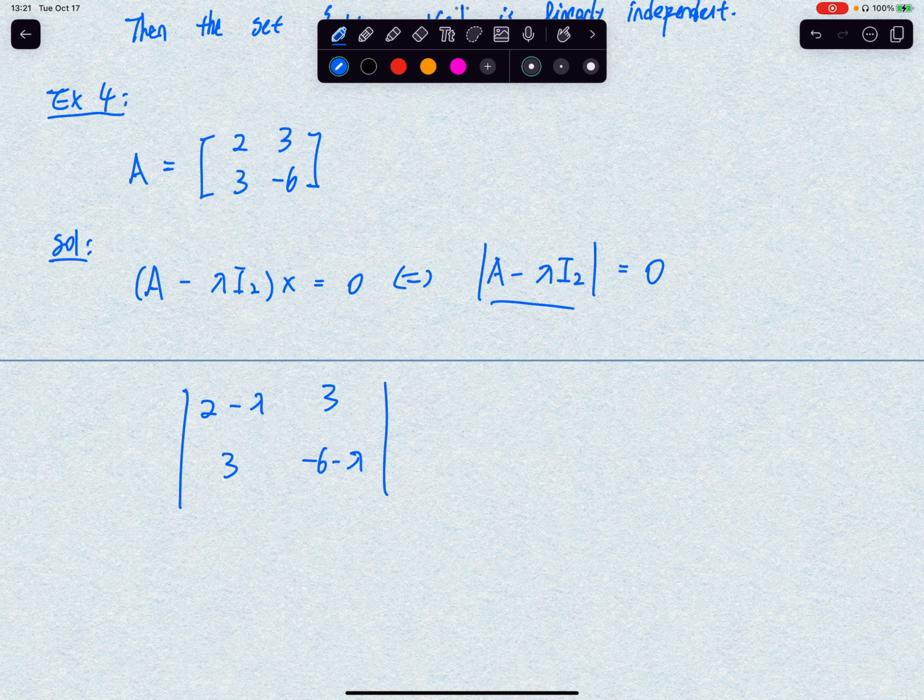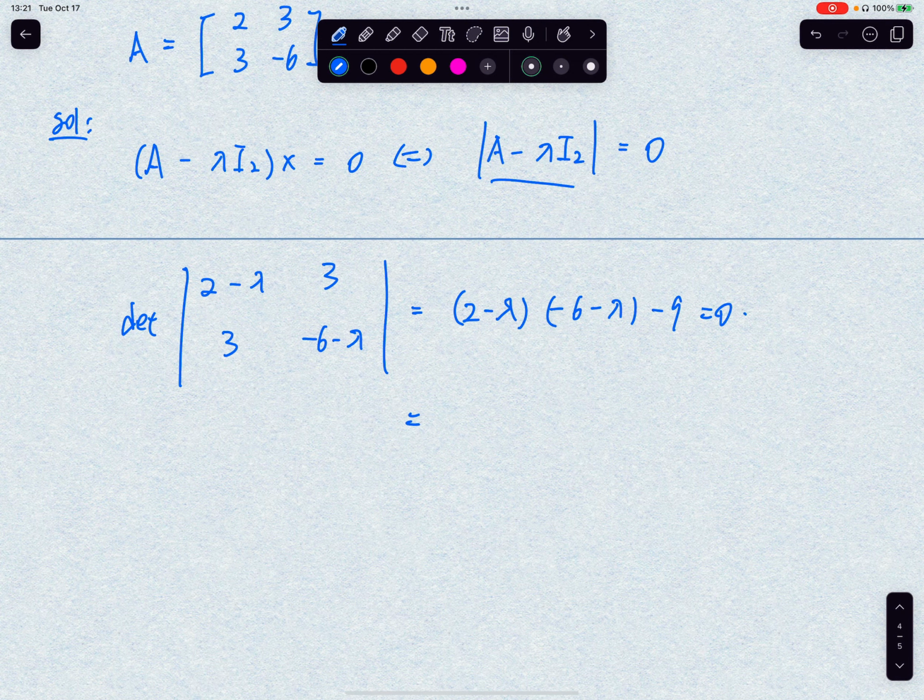So this is the matrix, and we're going to calculate its determinant. The determinant of this equals (2 minus lambda) times (minus 6 minus lambda), minus 9, equal to 0.